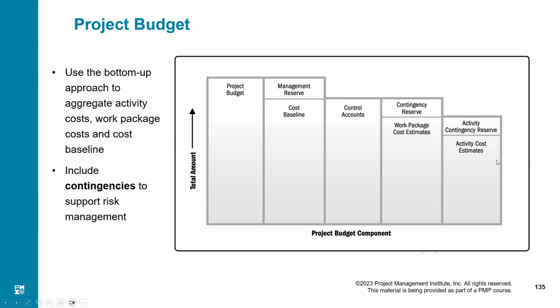So the sum of all those activities plus their reserves will add up to that work package. And then forward to the control account, then forward to the cost baseline, ultimately the total project budget. I hope you understand how this project budget is depicted on this diagram. Are you okay with it?